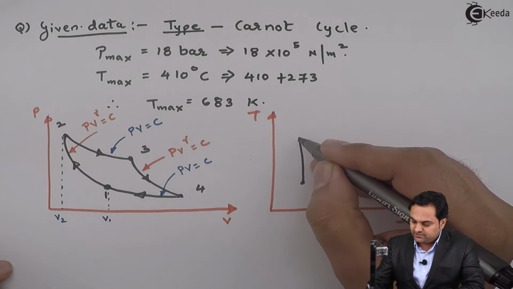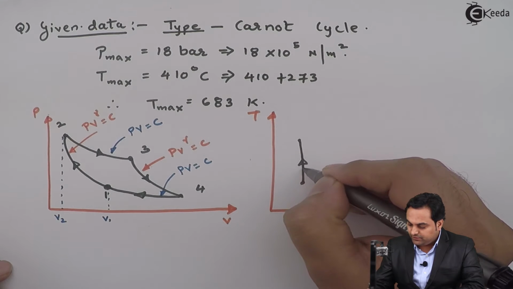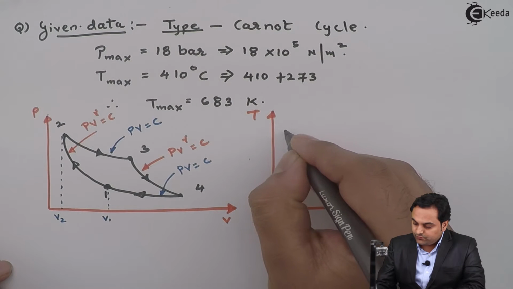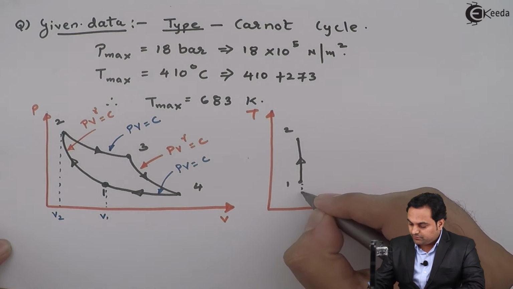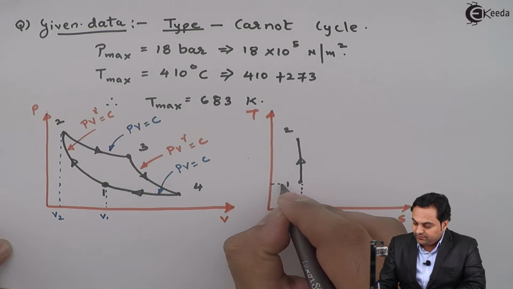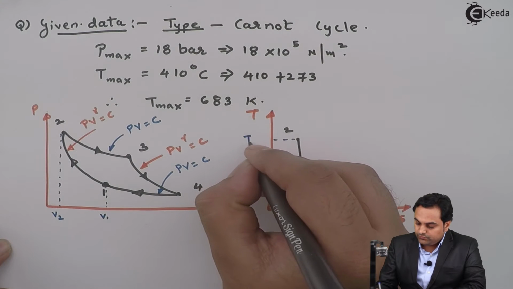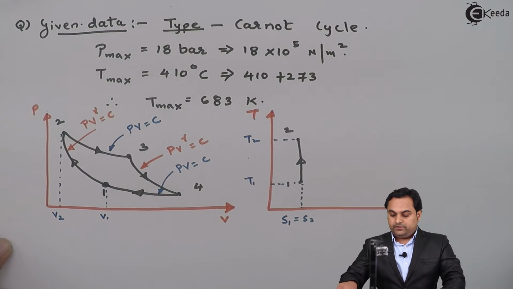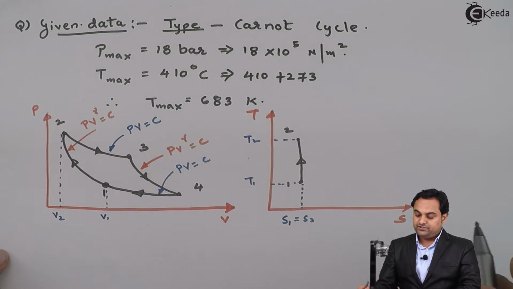The first process is isentropic compression, so it will be shown by a straight vertical line, process 1 to 2, isentropic compression, wherein the entropy remains constant, that is S1 is equal to S2, and there is increase in temperature from T1 to T2. Next, after isentropic compression, the process is isothermal heat addition.